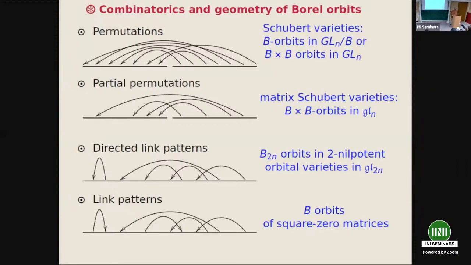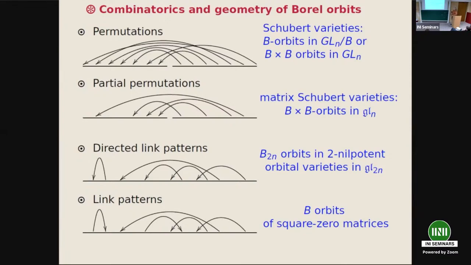The orbits of the Borel group on the flag variety are the same as the action of Borel times Borel on GL_N. You act from the left and from the right, one normally, the other by inverse. So these classical Schubert varieties are just described by the combinatorics of the permutation group.